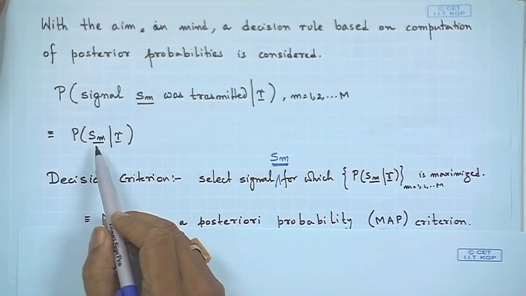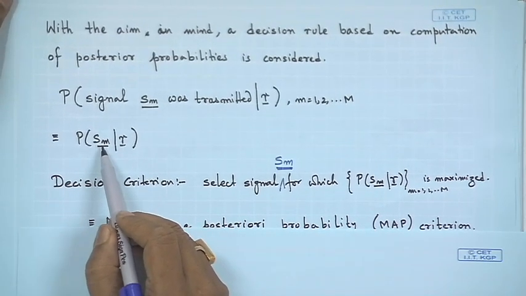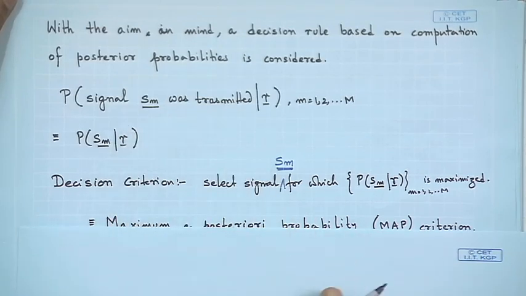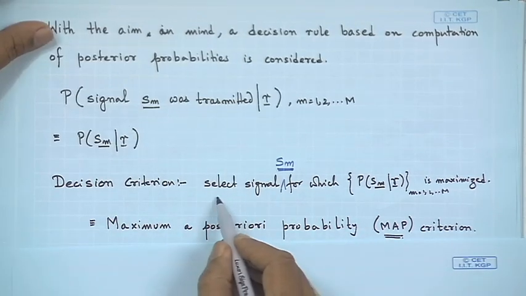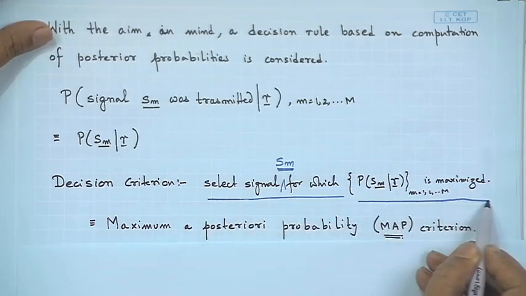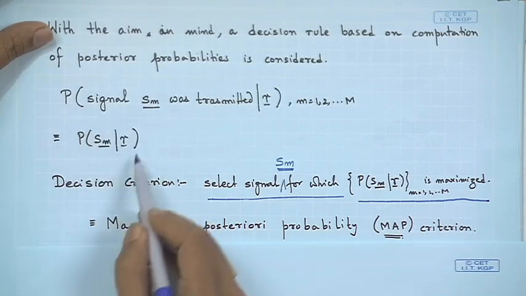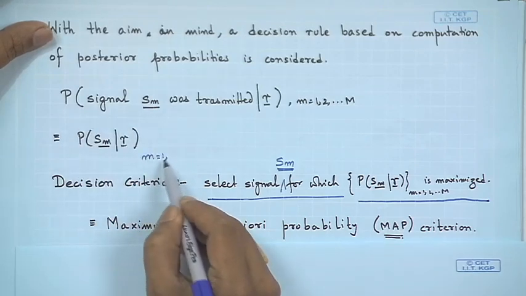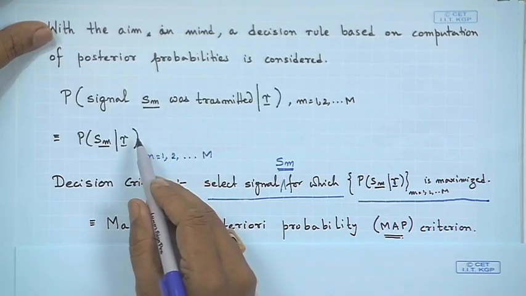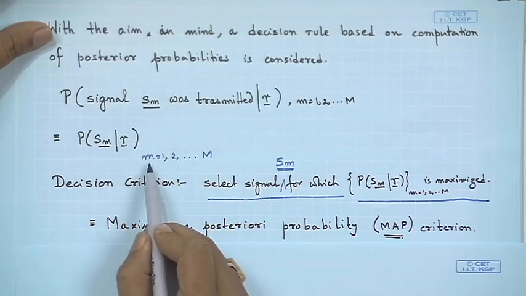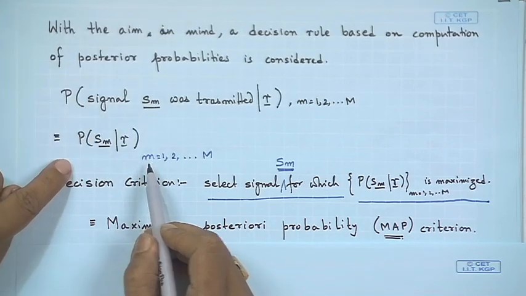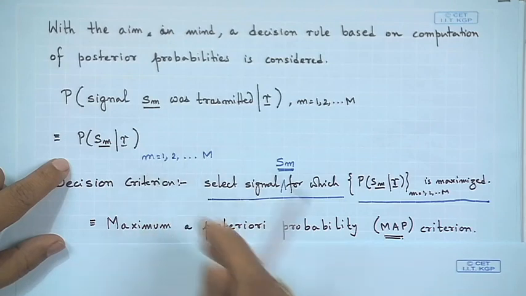What you generally have is, given a particular signal, what is the probability of r. So we are going in the reverse direction, that is why we call them posterior probabilities. So the decision criterion is to select the signal S_m for which these probabilities are maximized. That means we have to calculate these probabilities for m equals 1, 2 up to capital M, and for that value of m for which this probability is maximum, we will choose that value of m as the solution.